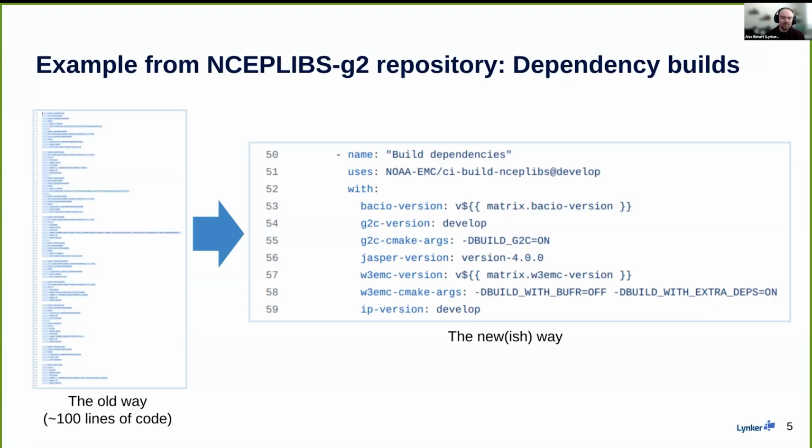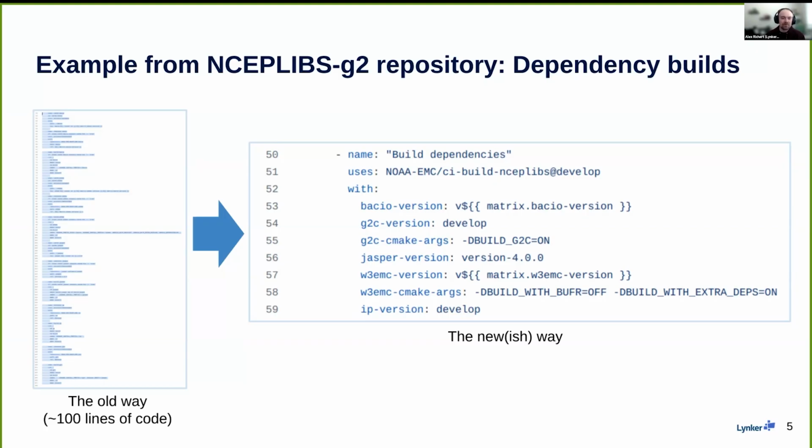So as far as why we use custom actions, this is a motivating example, and what initially got me interested in applying GitHub Custom Actions: we had a lot of reused code, a lot of copied and pasted code, a lot of redundancy. On the left here is an example from our G2 library, which is a GRIB2 library.